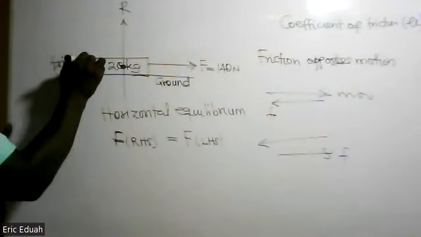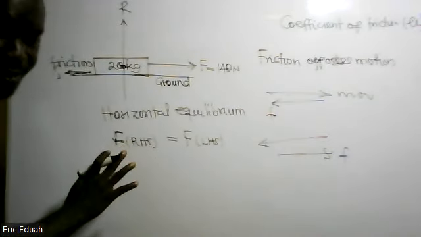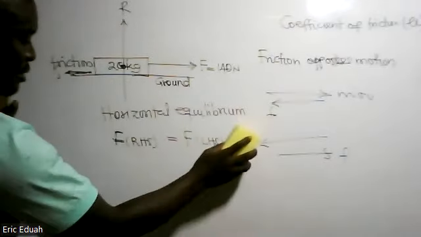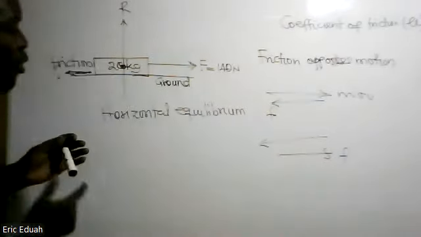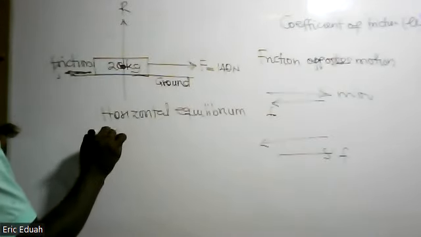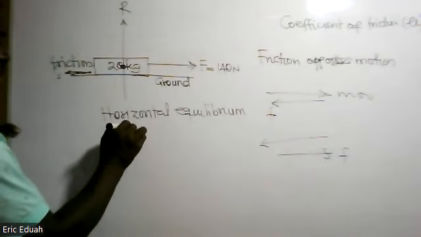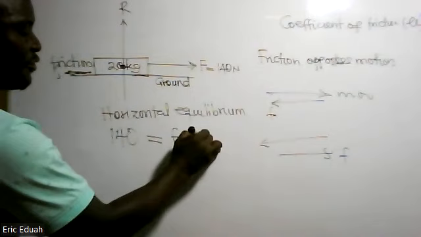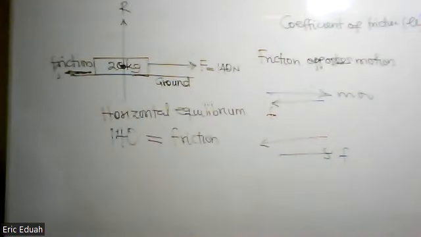Please, are we okay? So for horizontal equilibrium, we expect a force of 140 Newton to be balanced by frictional force, because we have a state of dynamic equilibrium.